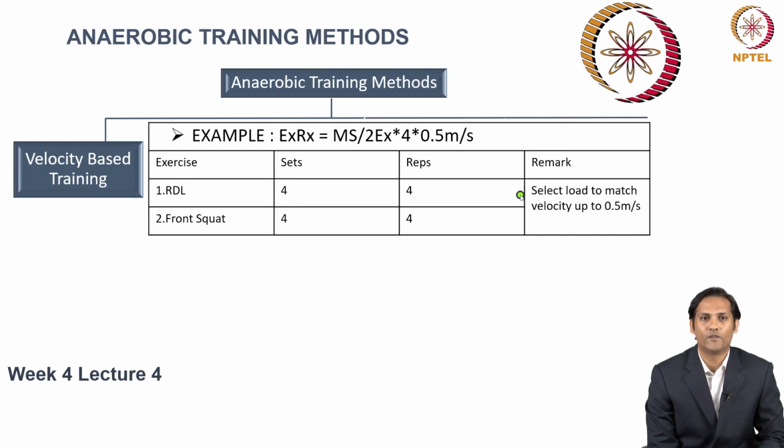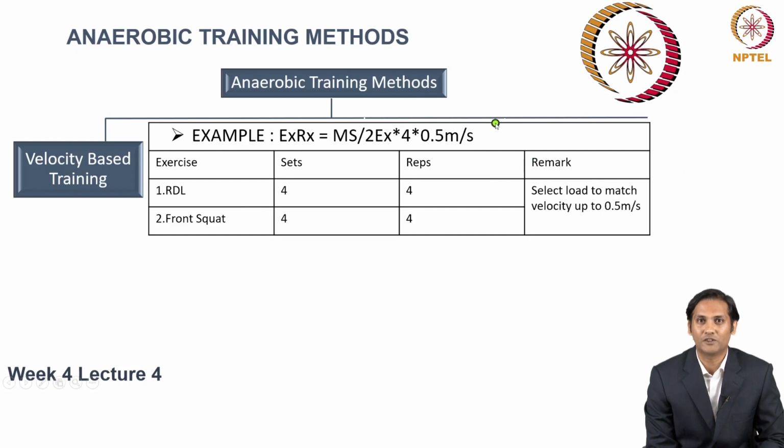Let's say you want to perform an RDL with 4 sets and 4 repetitions. Now, because you are using a velocity-based training device, you perform an RDL with a load that will enable you to move the bar with a speed not greater than 0.5 meter per second.